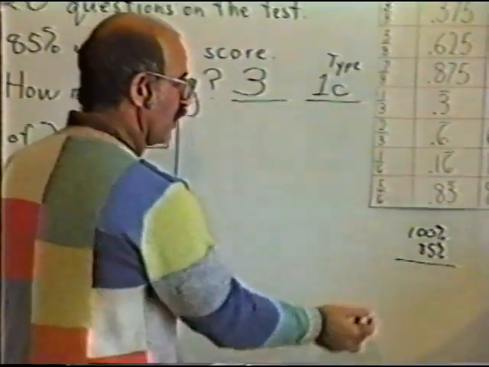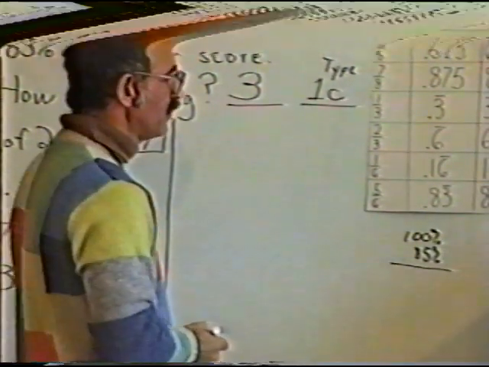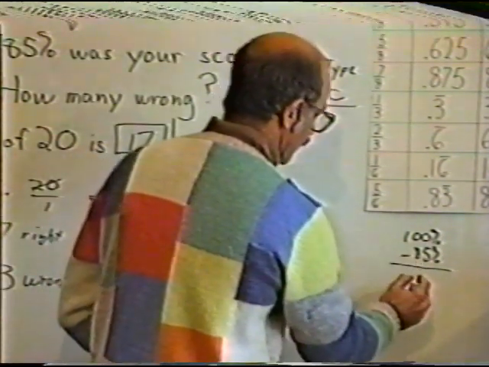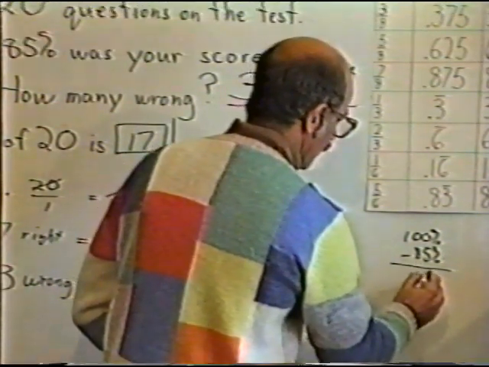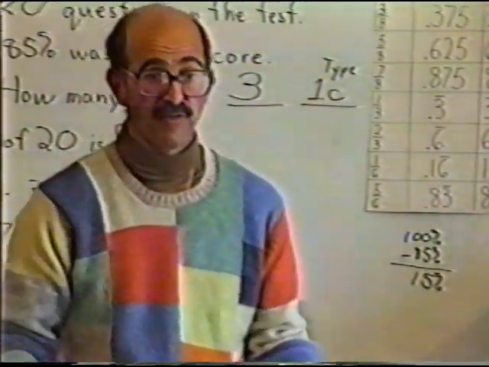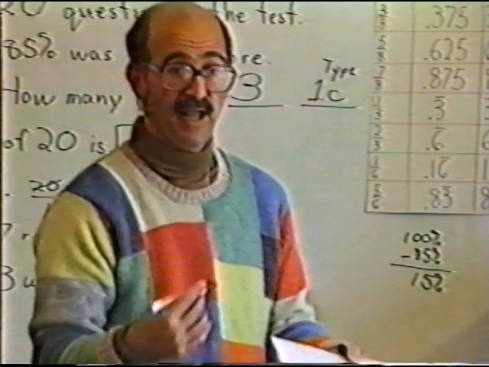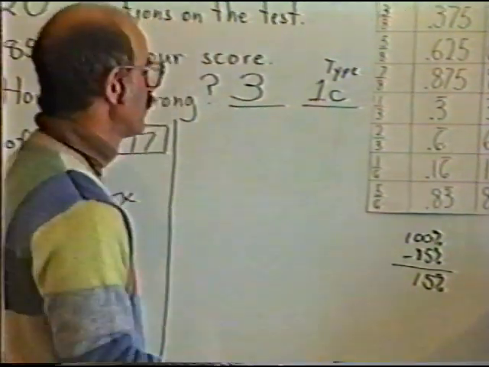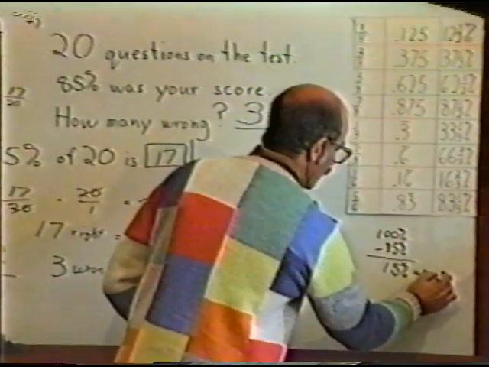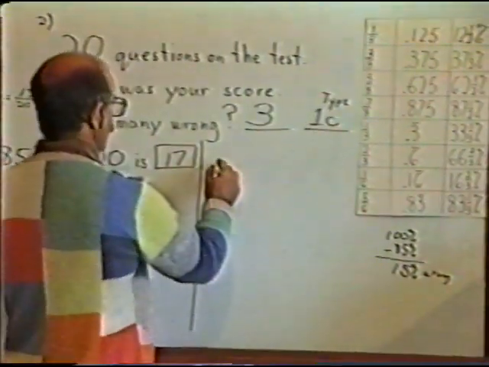What do I do with these two numbers to find out? Subtract. We subtract, and we get 15%. 100% would be everything right. 85% were right, so 15% were wrong. Then we can use that number.